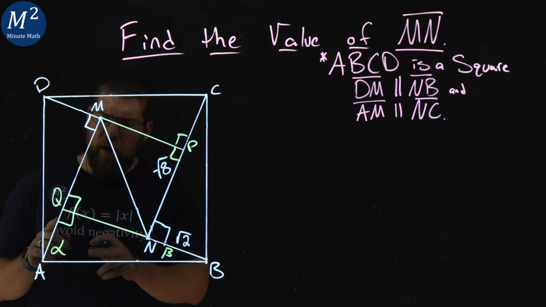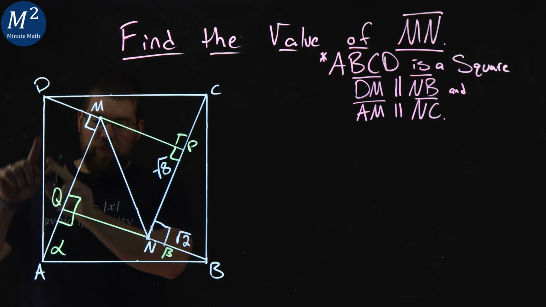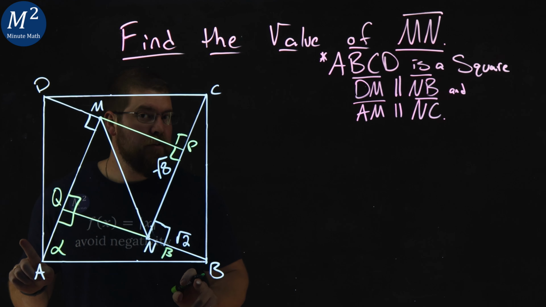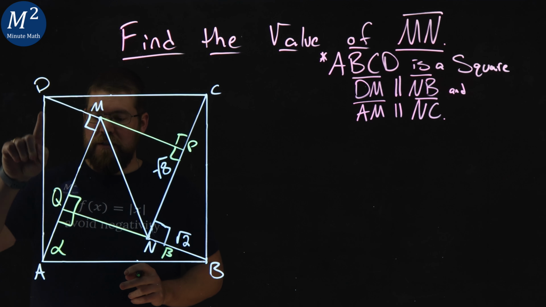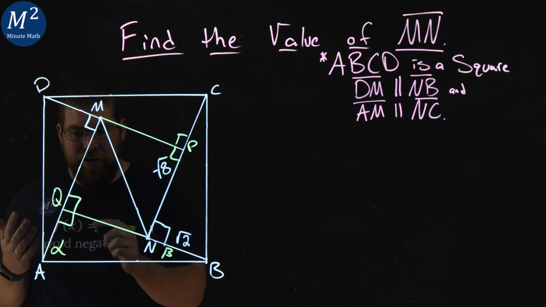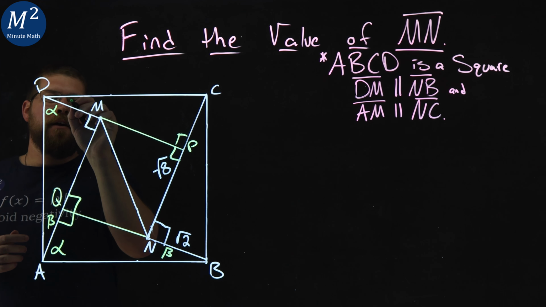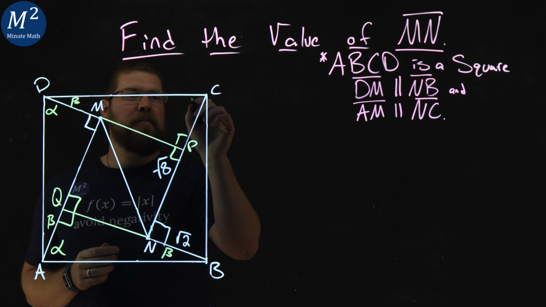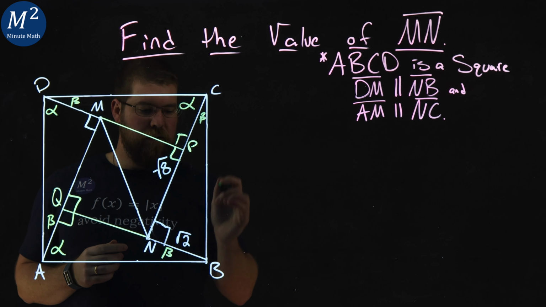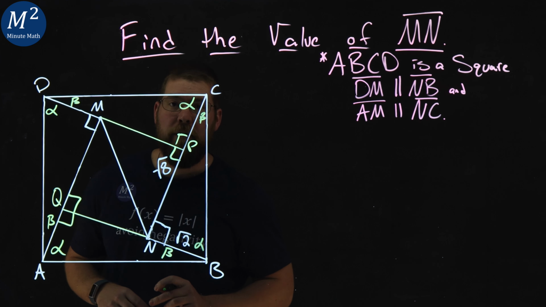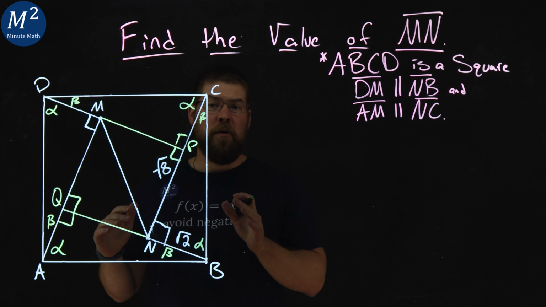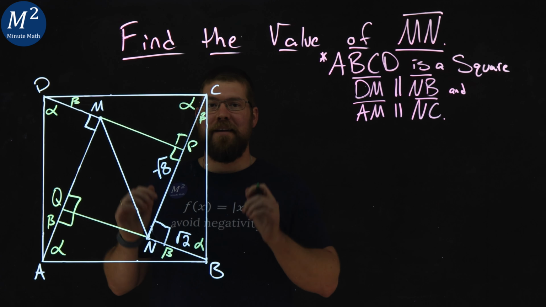Well then, if this is alpha and this big angle DAB is also 90 degrees, then this angle DAM is beta as well. So this is gonna be an alpha, this is gonna be a beta, and this is gonna be an alpha. Now we have a lot of angles that are congruent within this shape.